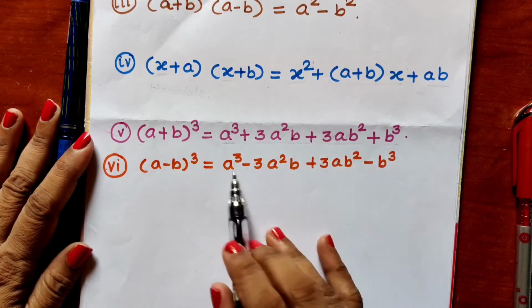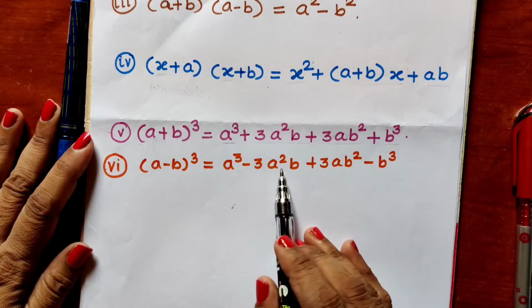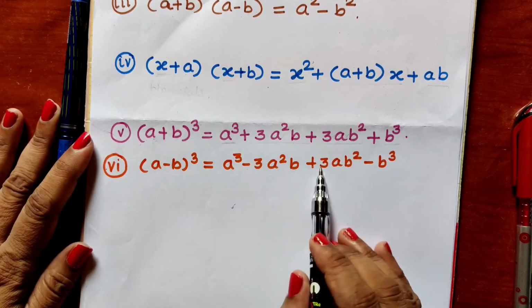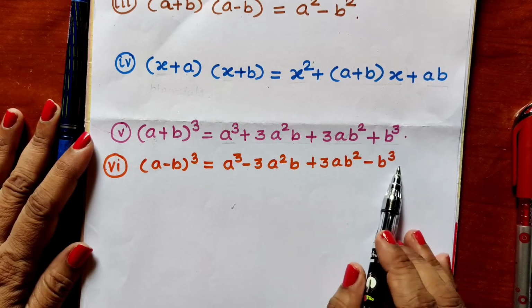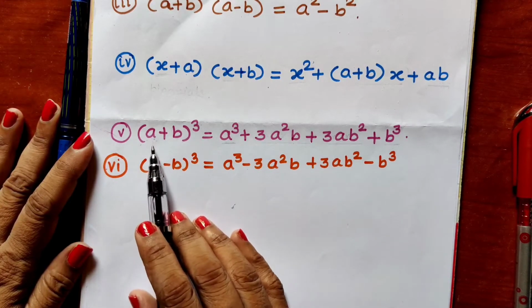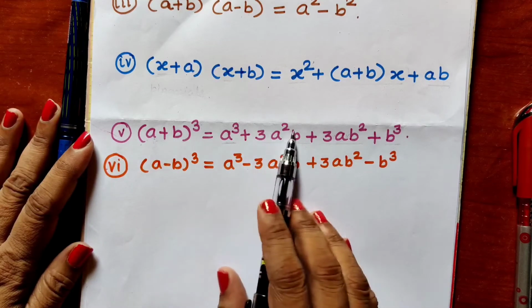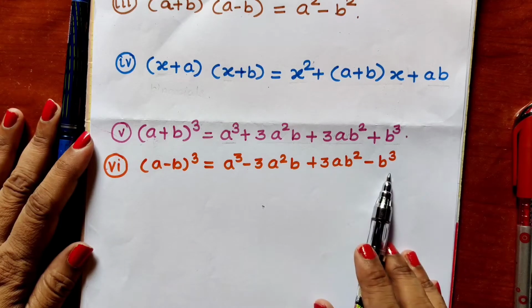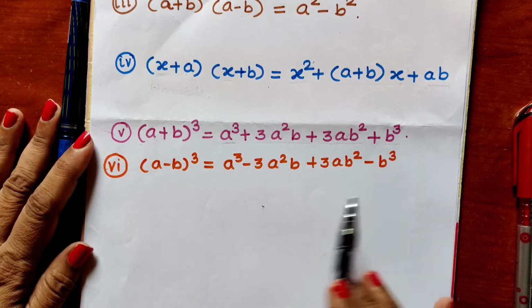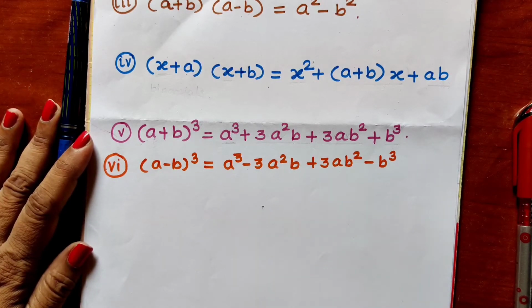The formula is a³ − 3a²b + 3ab² − b³. And we all know how to apply the formula. We have applied it in 5.2. Same way we will be applying formula number 6 in practice set 5.3. So let us see how to apply the formula and solve the sums.